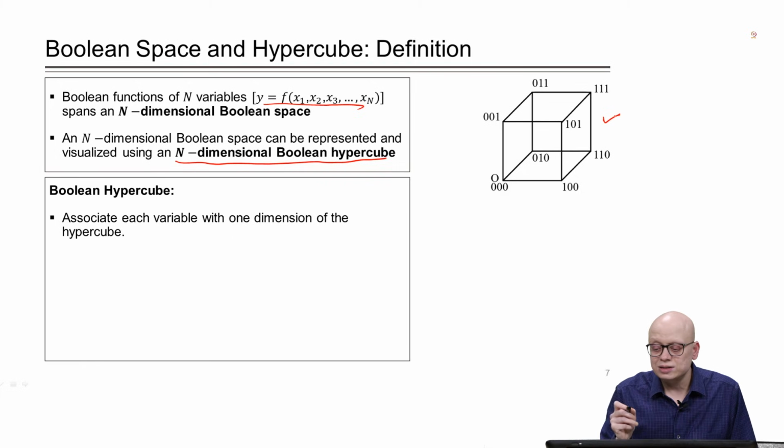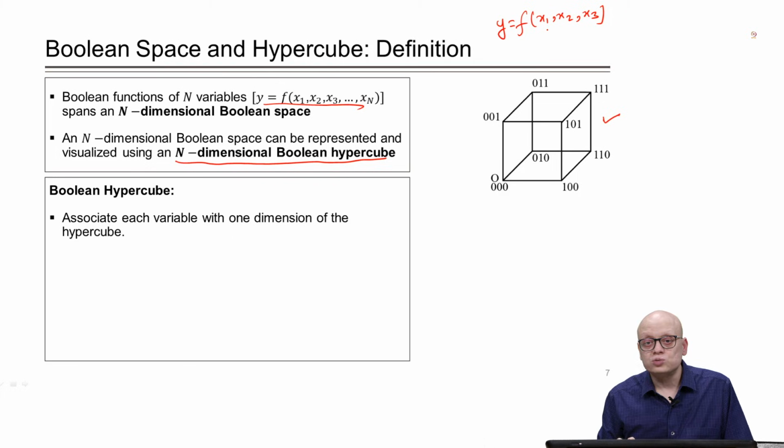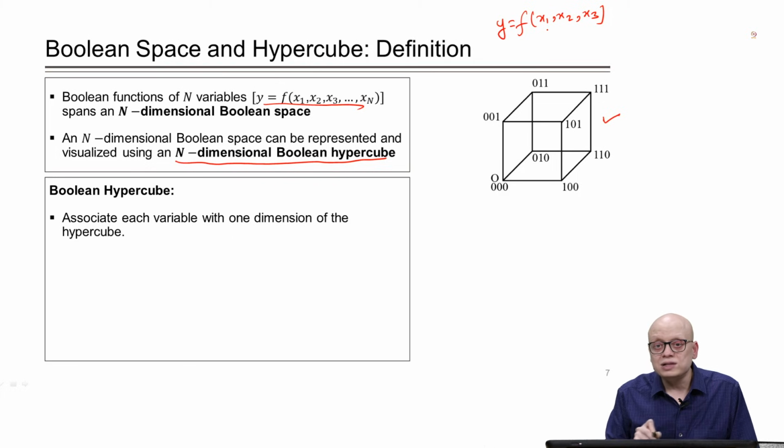So, if we consider a Boolean function of 3 variables, y is equal to f(x1, x2, x3), these are 3 input variables x1, x2, x3, then we can associate each variable with one dimension of the hypercube.